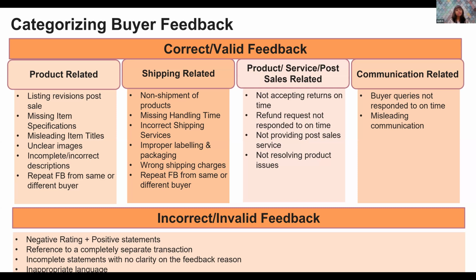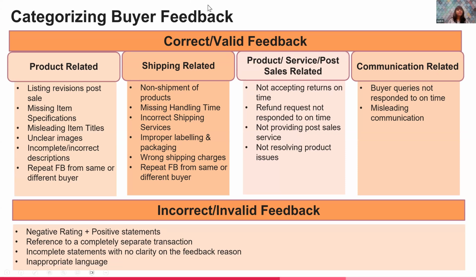So as you see on the screen, this particular section is divided into two parts. The first part talks about correct and valid feedback, and the second part talks about invalid or incorrect feedback. Now how to read this is: correct and valid feedback means in which scenarios eBay considers the negative or neutral feedback received by you as a seller to be correct and valid, and we would not be supporting you in removing that.